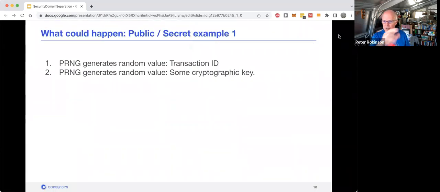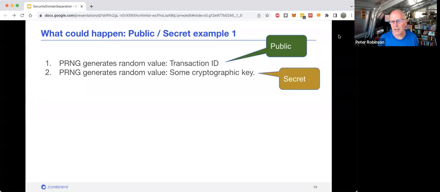As an example, say you generate a transaction ID and then you generate a cryptographic key. The transaction ID is going to become public, whereas the cryptographic key is obviously secret.